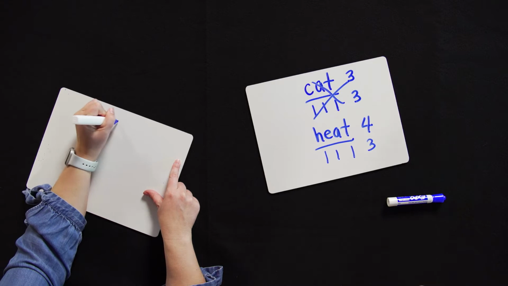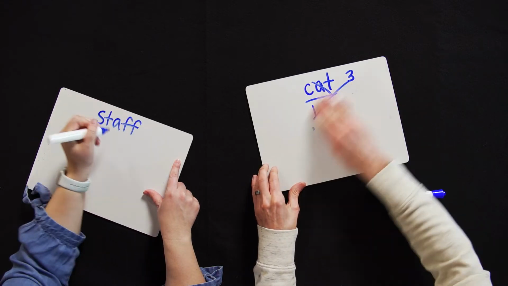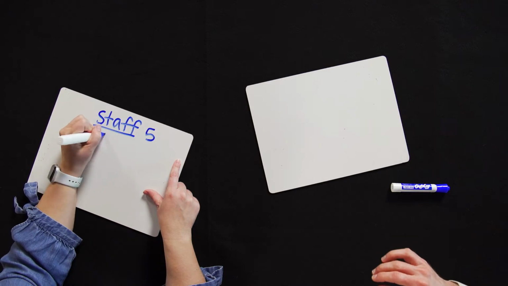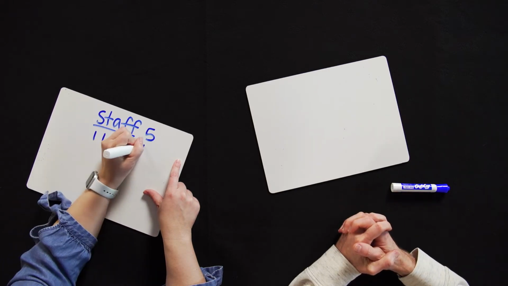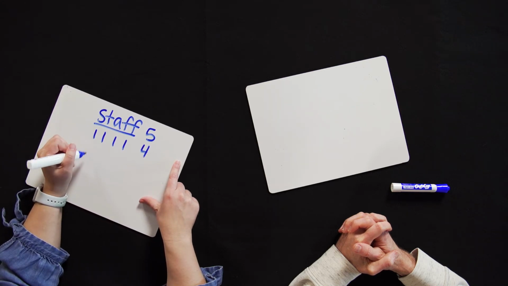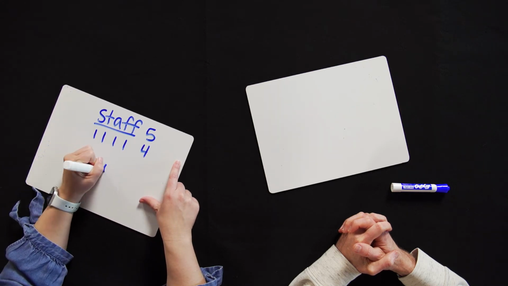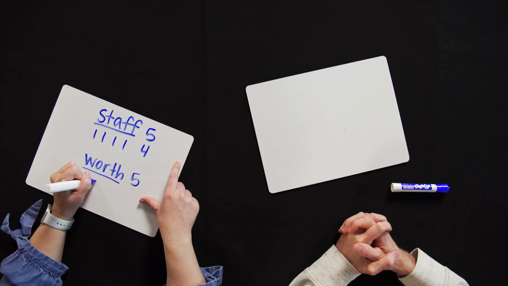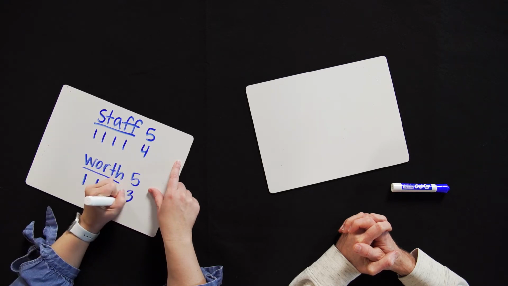Staff. It has 5 letters, s, t, a, f, but only 4 sounds. And worth. It has 5 letters, w, th, but only 3 sounds.